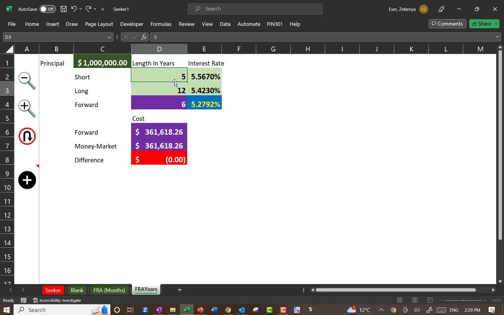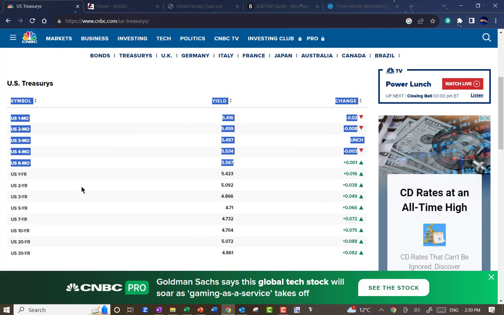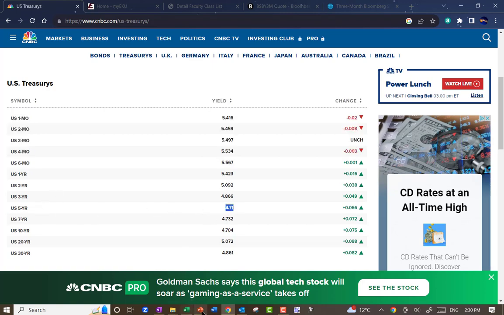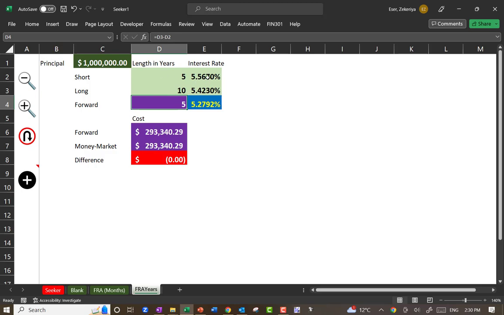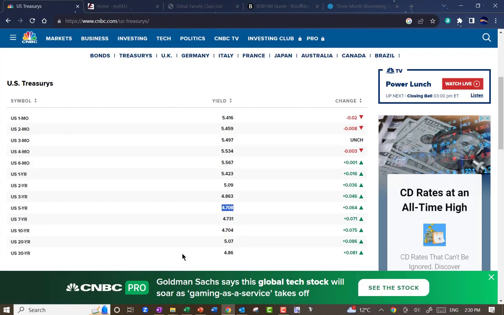Suppose I'm doing a 5-year loan that starts in 5 years. The current 5-year rate is 4.71. The current 10-year rate is 4.704.